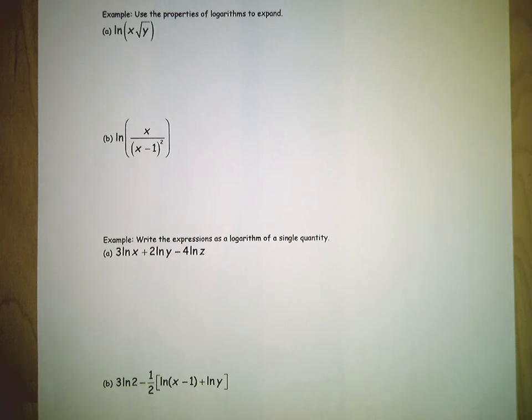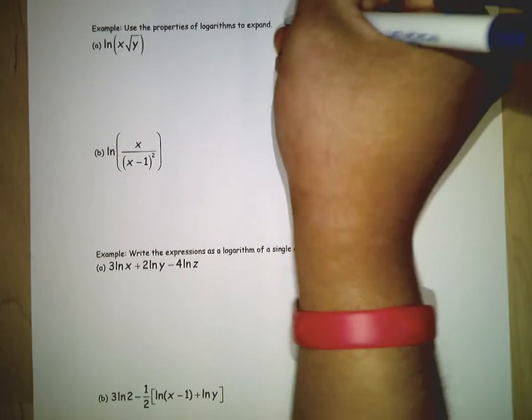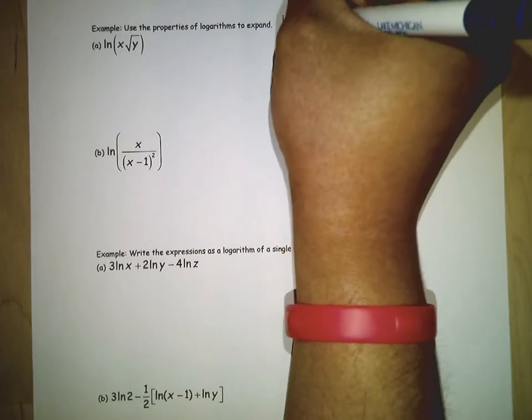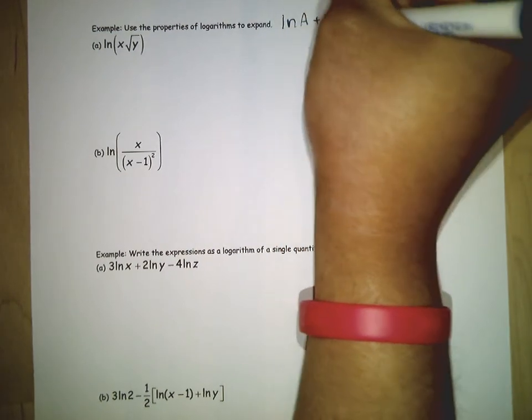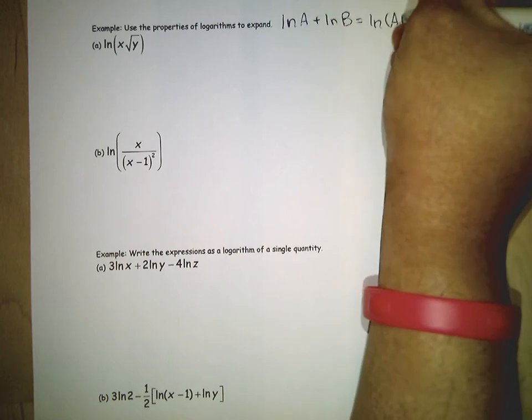So we'll get to that in a moment, but for now, try to remember the property for the product of the logarithms, and natural log of a plus natural log of b is natural log of a times b.